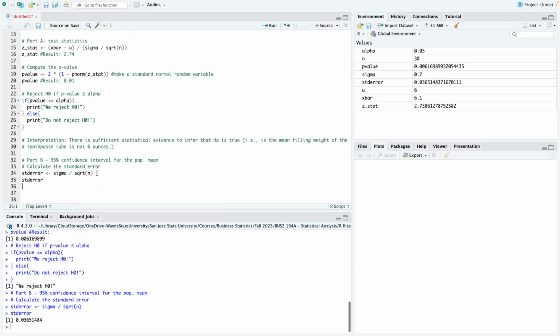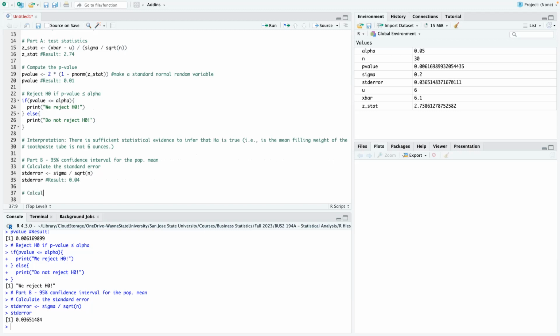I'm just going to run this. So your standard error should give you 0.04. We stay with our 2 decimal places when we round it. And then the next thing we want to do is to calculate the Z critical value, right?